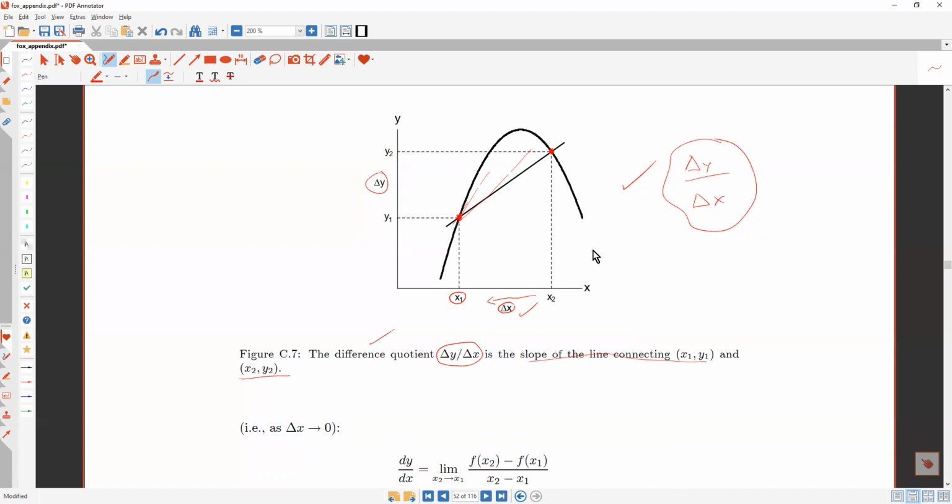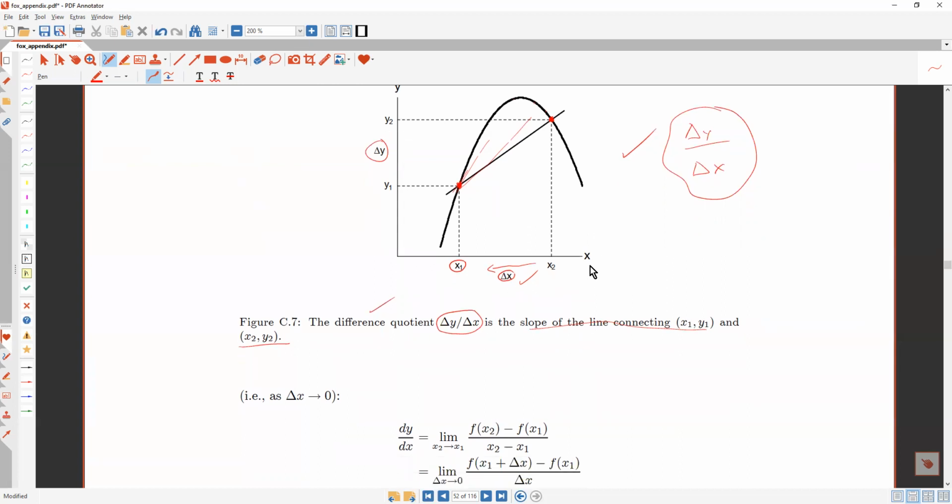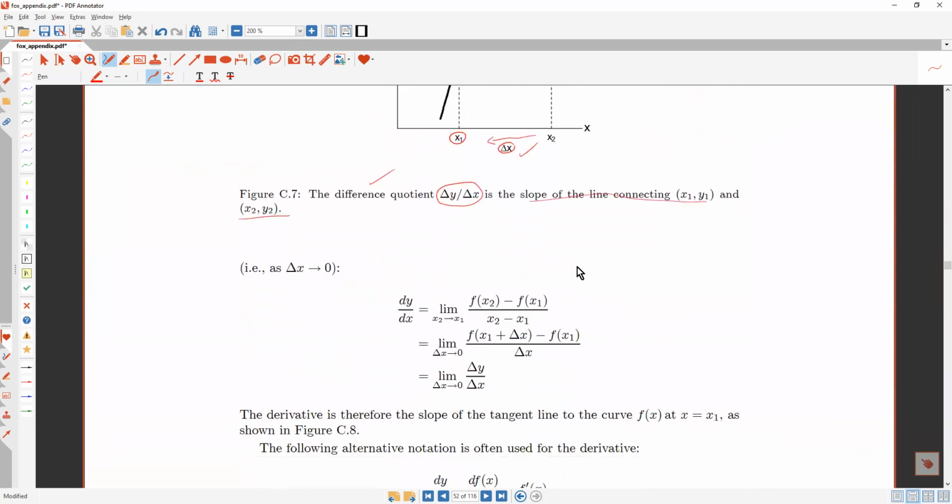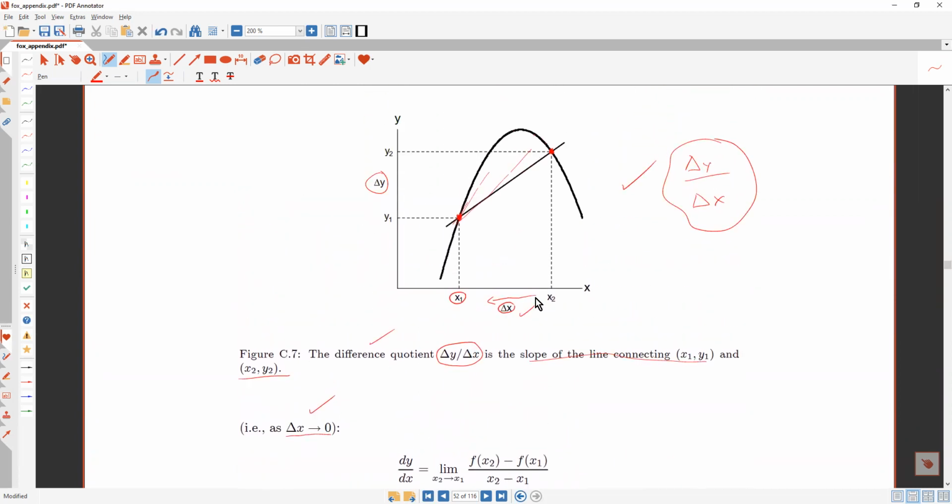Where calculus comes in is when we want to consider what happens as the change in x goes to 0. This is really key here. That's fundamental to understanding the nature of a derivative, right? The key is what happens as x2 gets closer and closer and closer to x1.